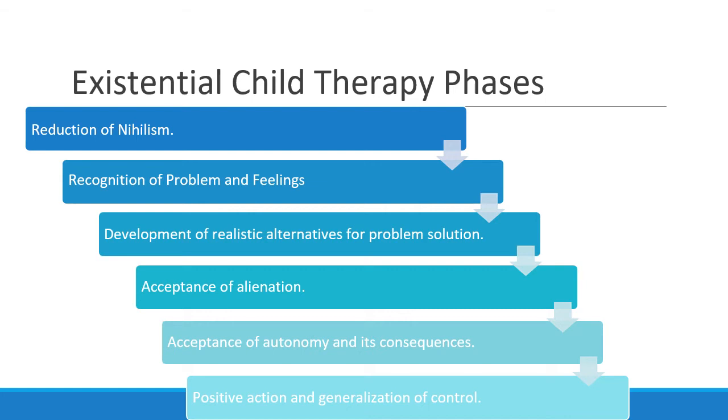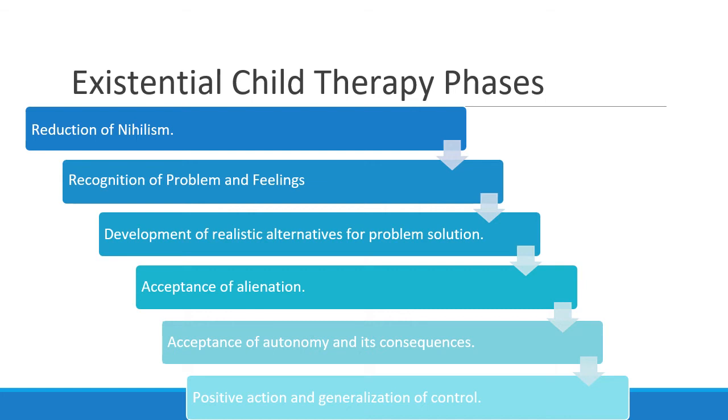This recognition may lead to feelings of guilt and despair. The therapist emphasizes the positive aspect of responsibility, that one's control over events also means that one can change them for the better. Compared with traditional approaches, existential therapy moves rapidly toward the child's recognition of responsibility and control. While the child's power is limited by parents and other family members, the child decides how to respond in the environment and the quality of his or her proactive behaviors.